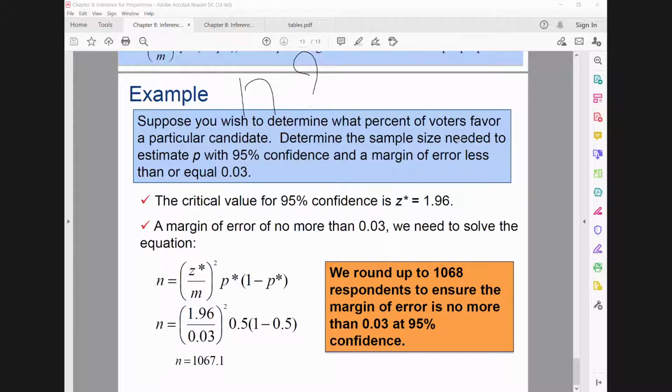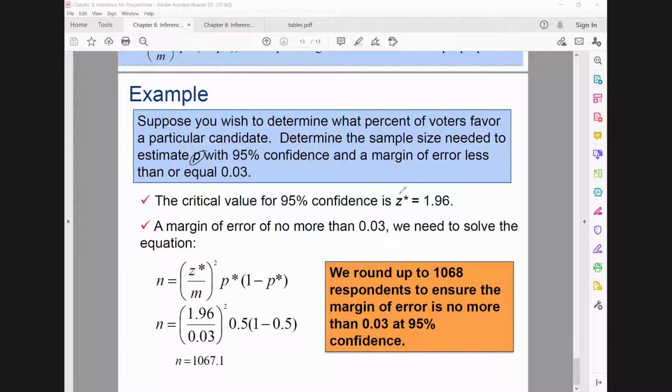Then here we need an idea about the proportion of voters for a particular candidate. For a certain candidate, we want to know how many will vote for this candidate. Then we have to estimate P with 95% confidence.